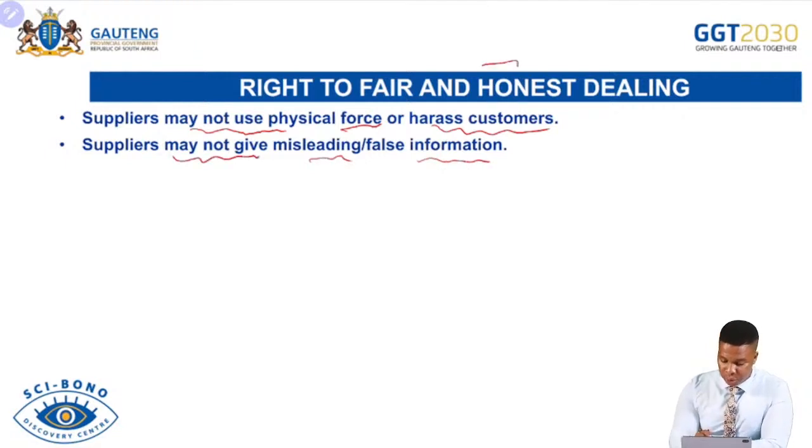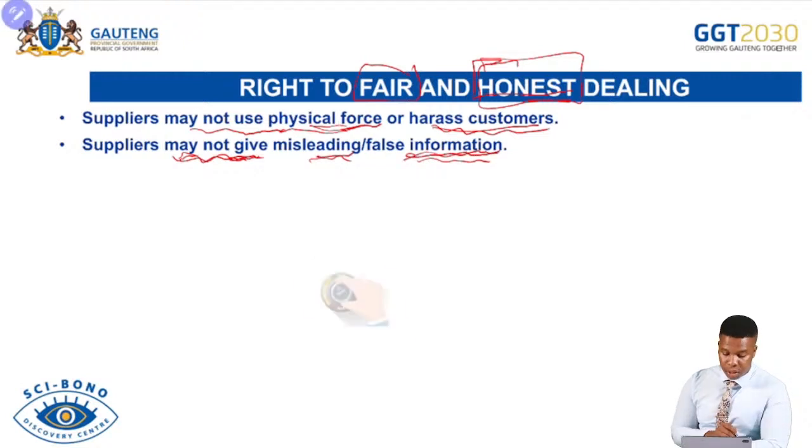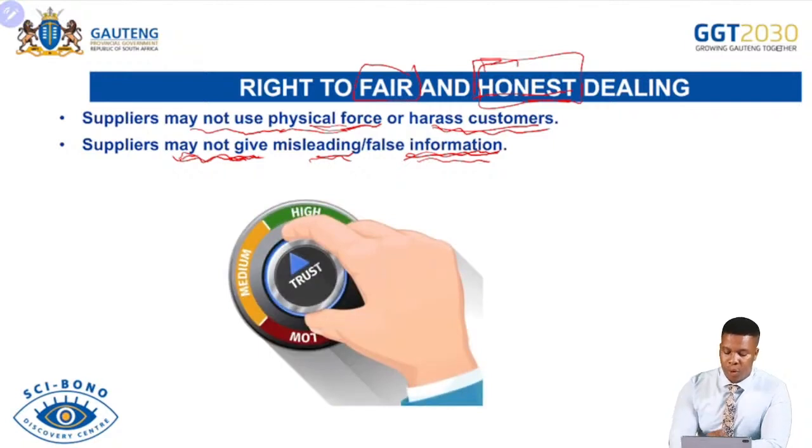So they have to be honest, and then they have to be fair. Hence we talk about not using physical force or harassing. But the second point talks to honesty, to say suppliers may not mislead or give false information to the consumers. So the level of truth should be high for businesses so that they are considered fair and honest in their dealings.